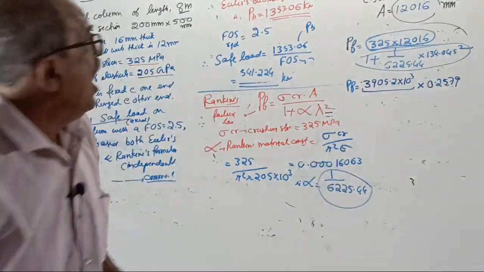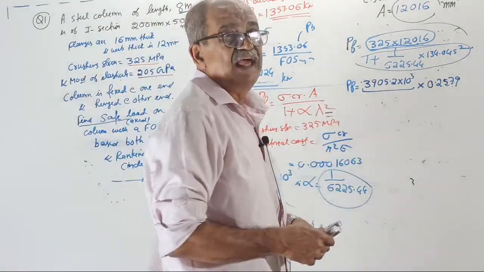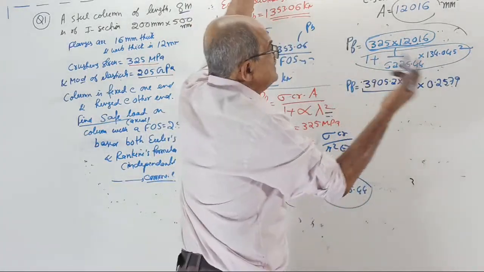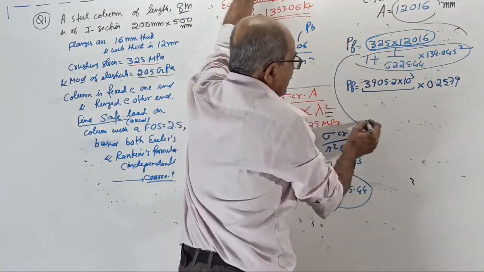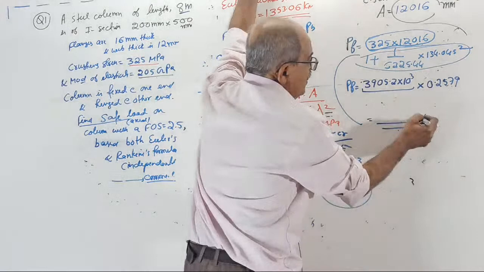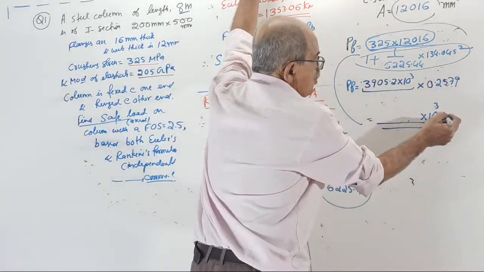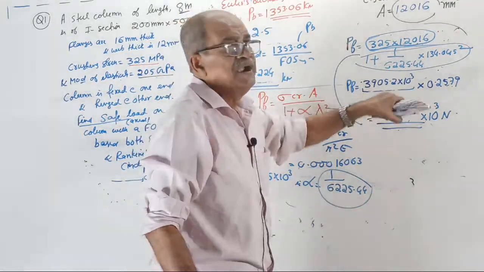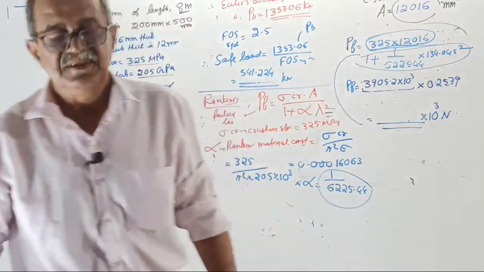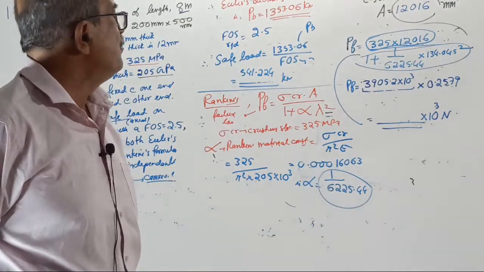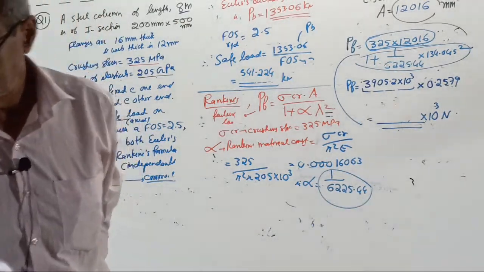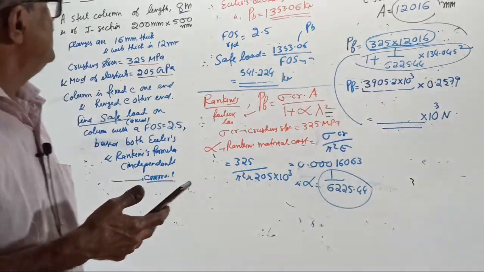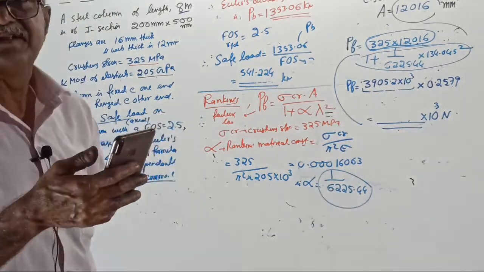Okay. Those who want, write the answer now. Those who want examination answers, calculate, write and go to the next question. Don't waste time. Those who want to know the concept, write: 3905.2 kilonewton is what?